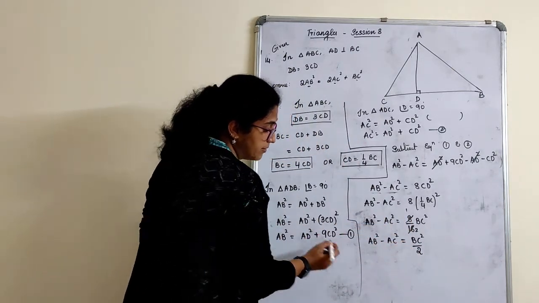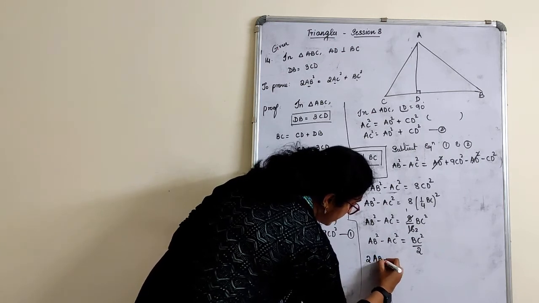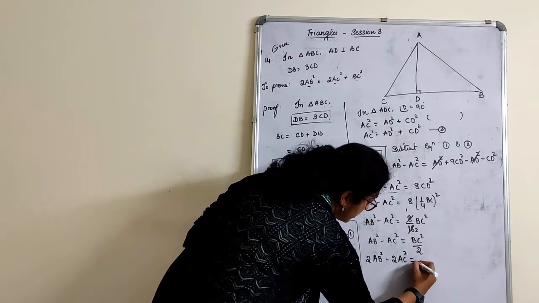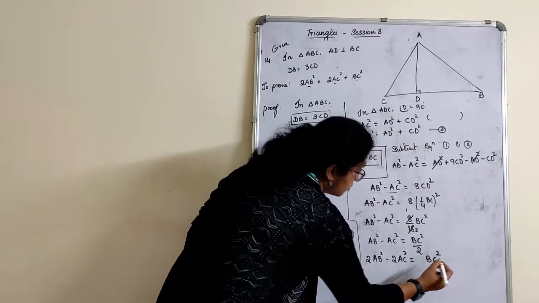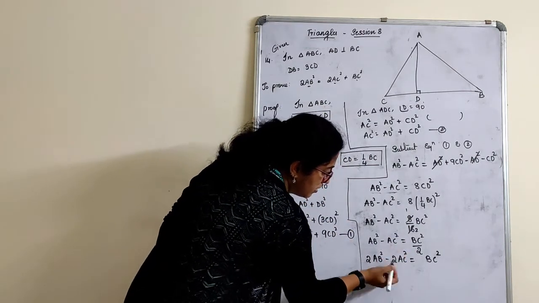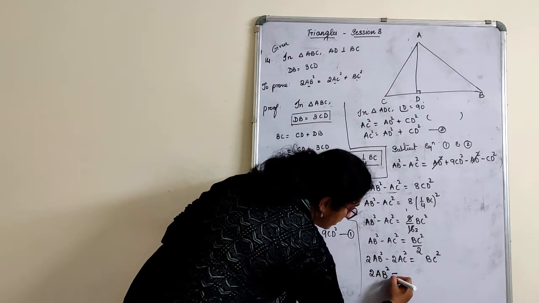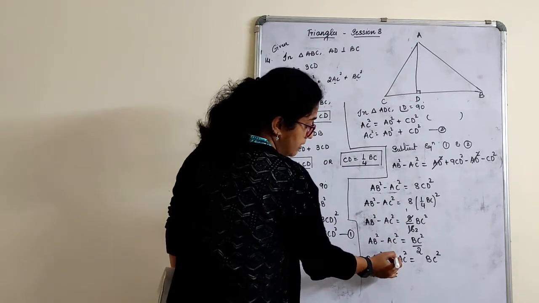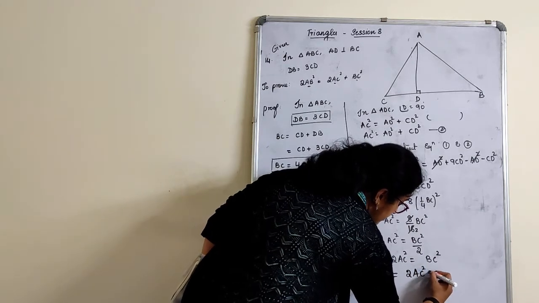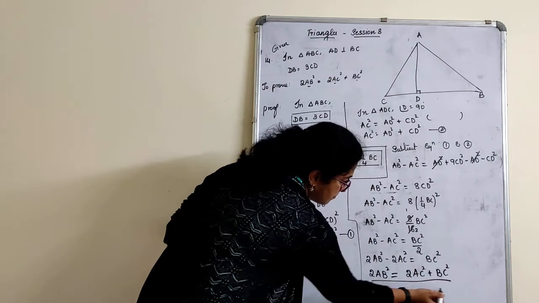Cross multiply this here. 2 times AB square minus 2 times AC square is equal to BC square. Now rearrange. This 2AC square will shift this side. 2 times AB square is equal to 2 times AC square plus BC square.